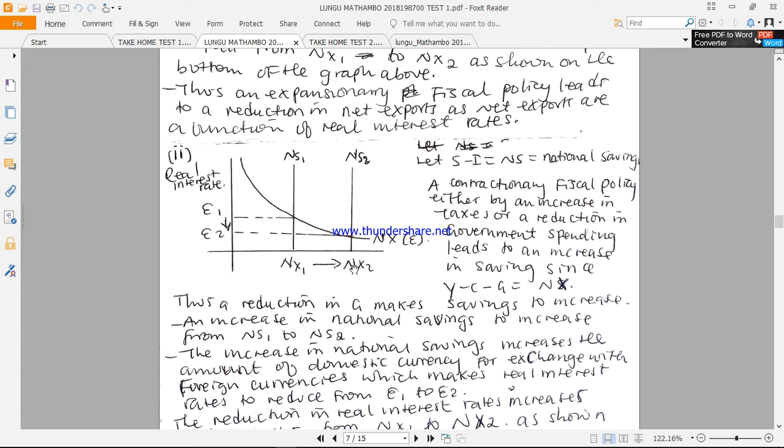So someone can argue that, from our analysis, if the government spends less, are we going to witness a high volume of trade? The answer starts with the question: what do you have to trade with other countries?